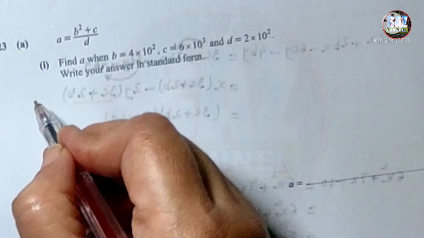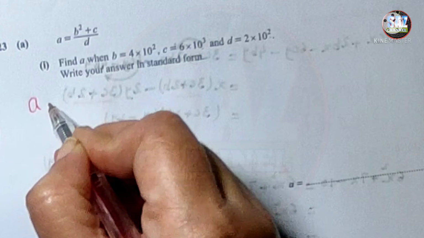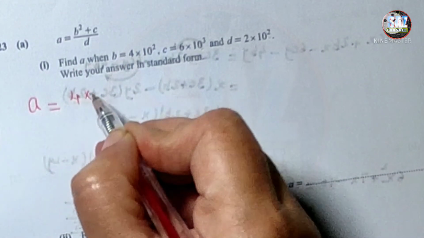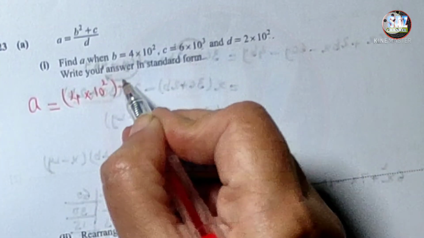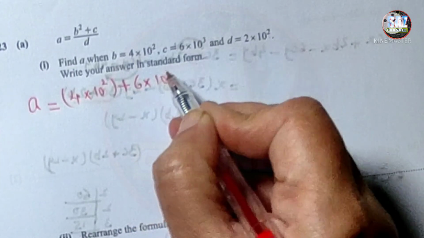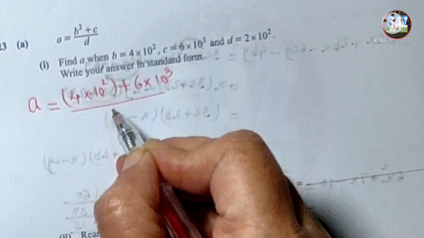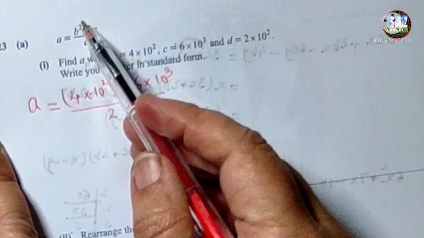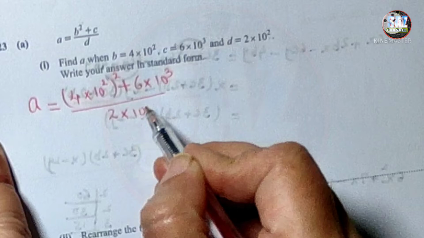So the first thing that we have to do is simply insert the values carefully. B has a value 4 multiplied by 10 square, and plus C has a value 6 multiplied by 10 raised to the power of 3 upon D has a value 2, sorry, I missed the square here because this is B square, 2 multiplied by 10 square.